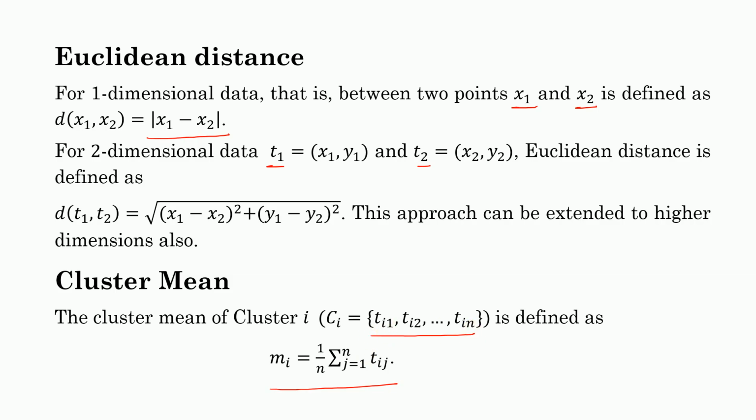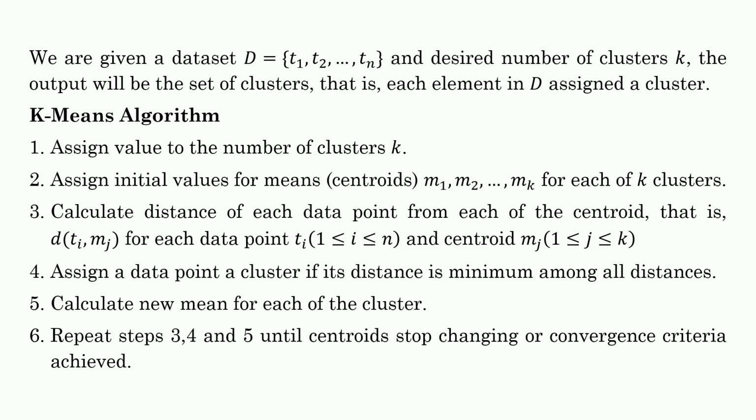Now I will take one example. Before this example, how can we write this algorithm stepwise? Suppose the data points are T1 to Tn, and suppose the desired number of clusters is k. Then how can we write this algorithm? The first step is to assign a value to the number of clusters k, which means we have to initialize k.